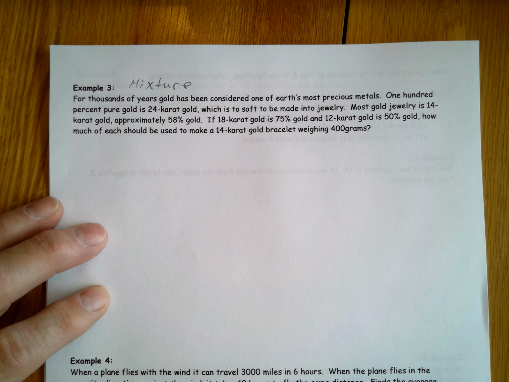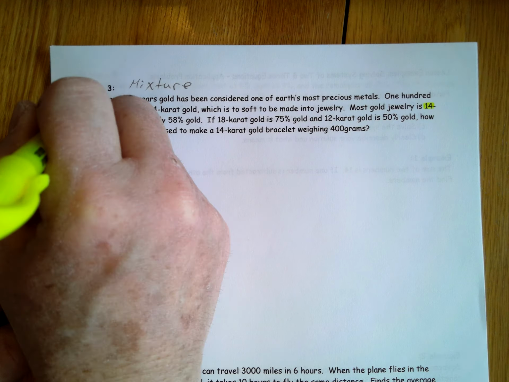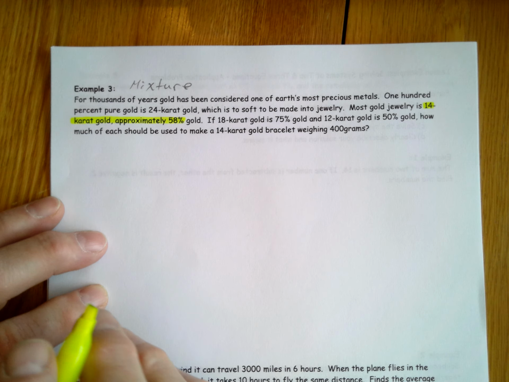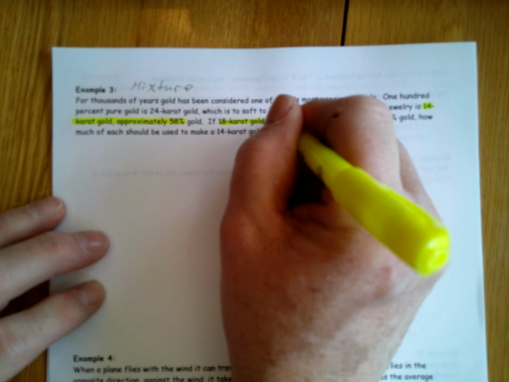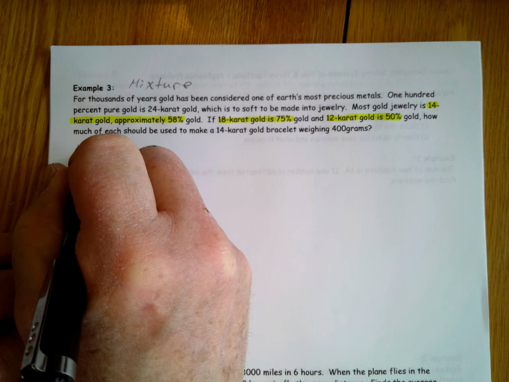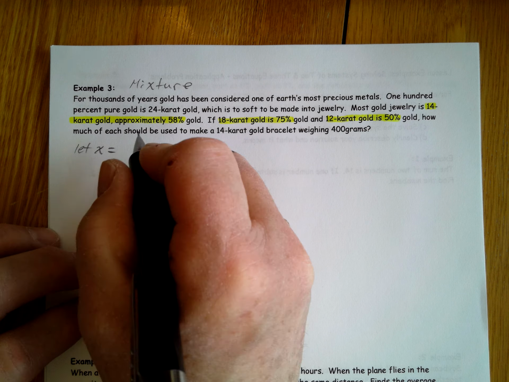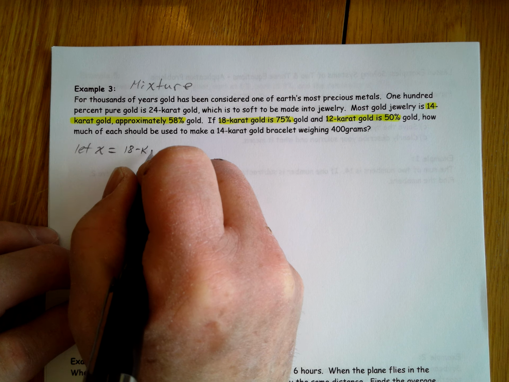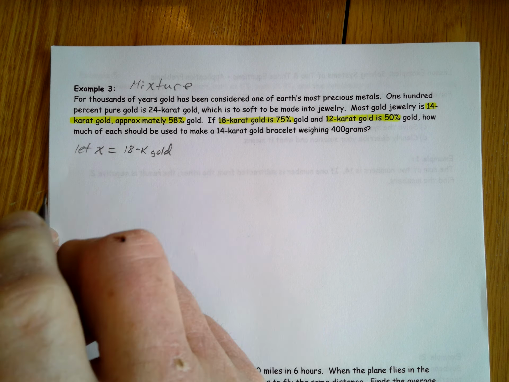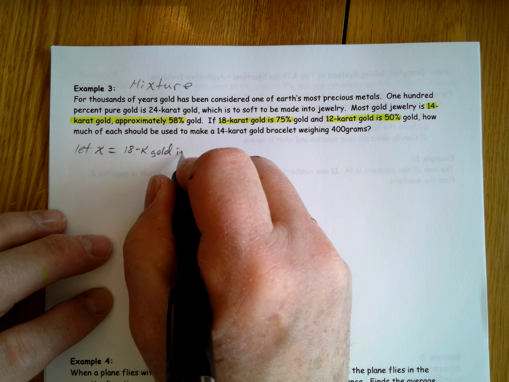So they tell us that 14 karat gold is 58%. They tell us that 18 karat gold is 75% and 12 karat gold is 50%. So we're going to mix the 12 and the 18. Let X equal 18 karat gold in grams.